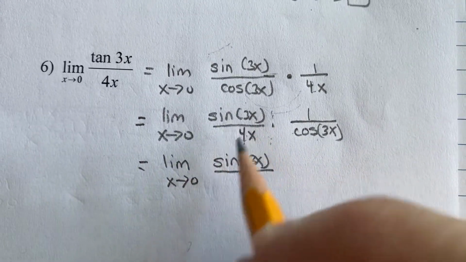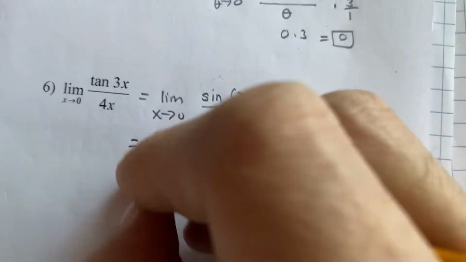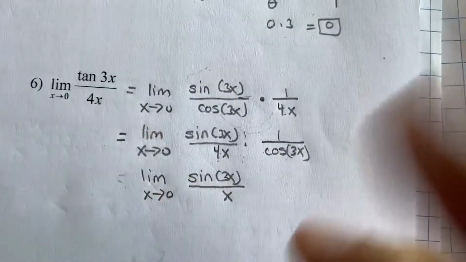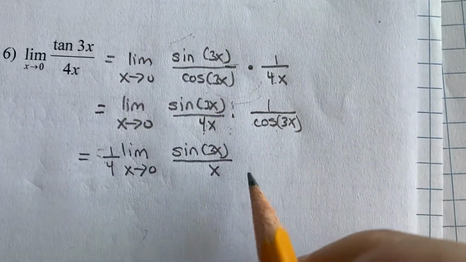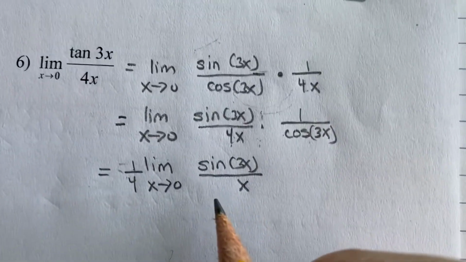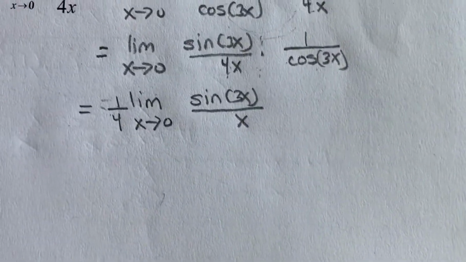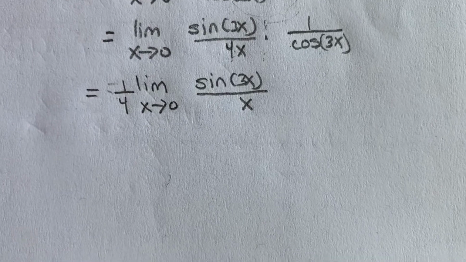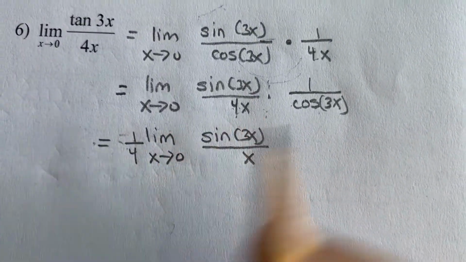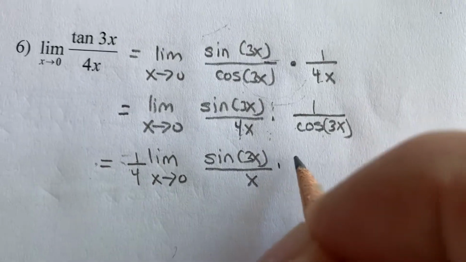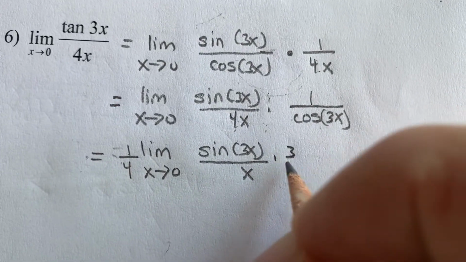This 1/4 right here is just a constant. You can move the constant out in front. This is your constant rule for limits. If you don't know what that is, it's on page 755. It's called a scalar multiple rule, but basically the constant can just come out. All right, so multiply top and bottom by 3 over 3.